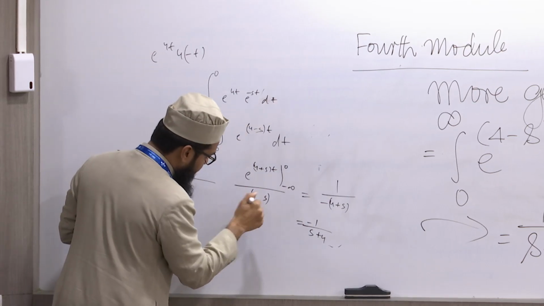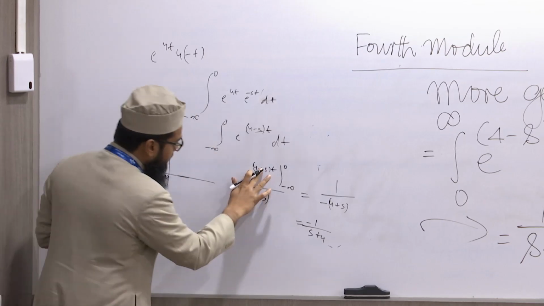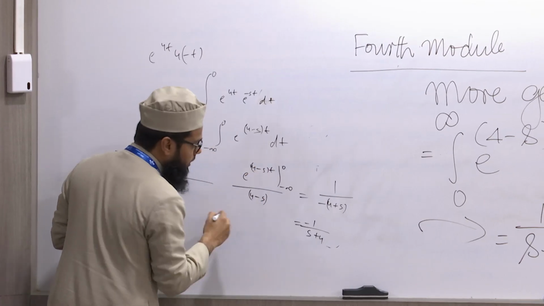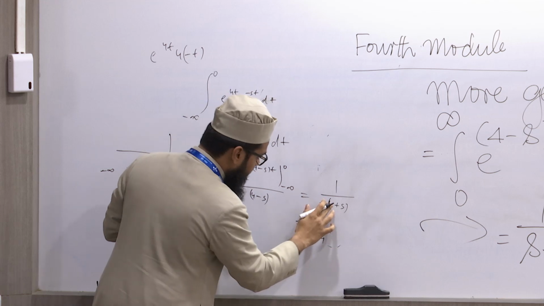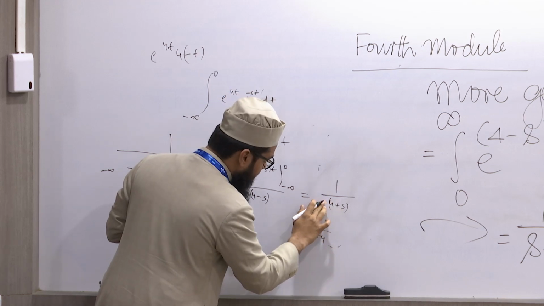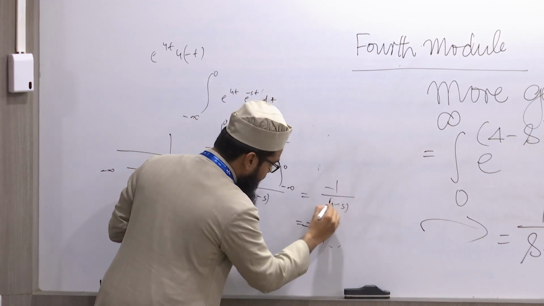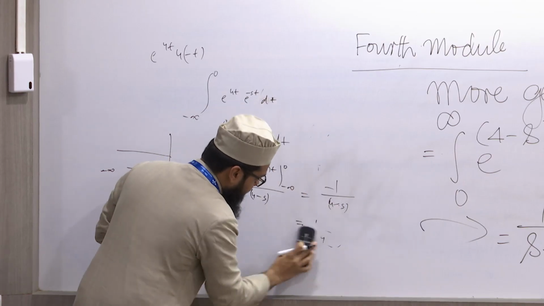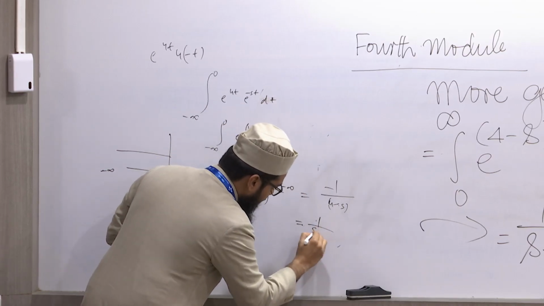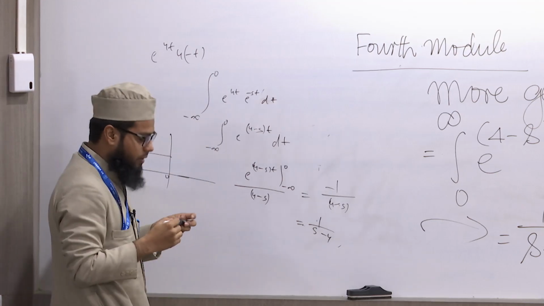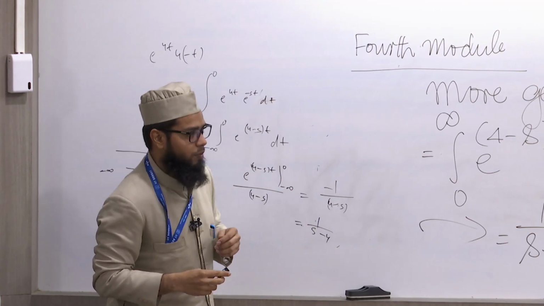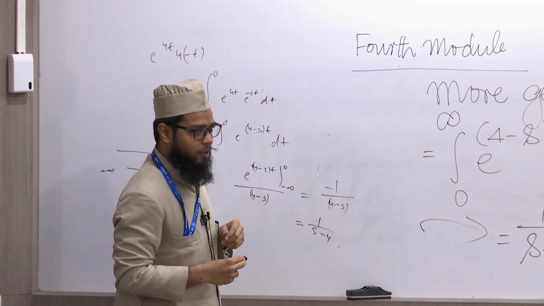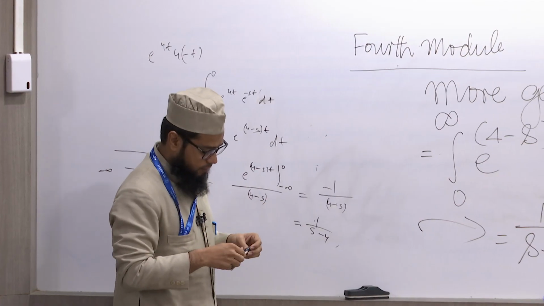We will have minus 1 upon 4 minus s, and it will ultimately come to 1 upon s minus 4, just like we had for e to the power 2t, with a minus sign, right? This is how you see it. Very good.